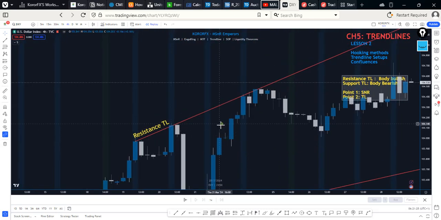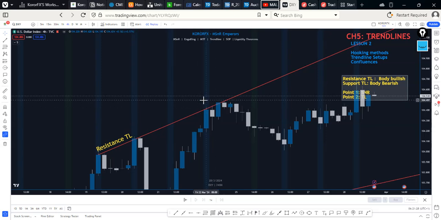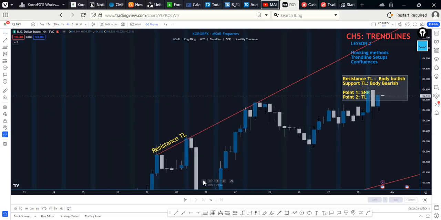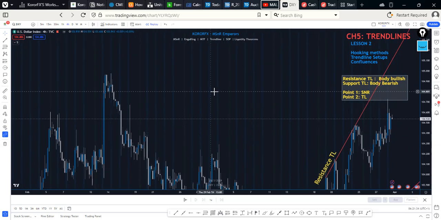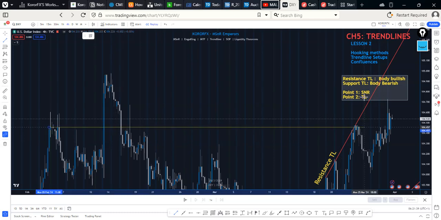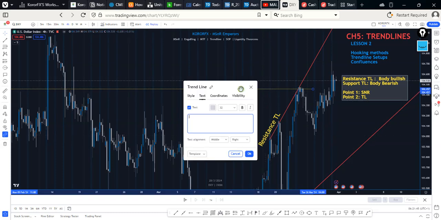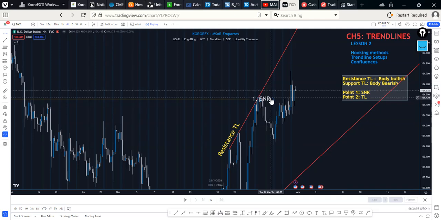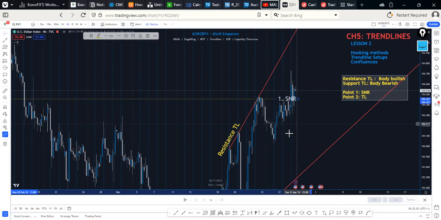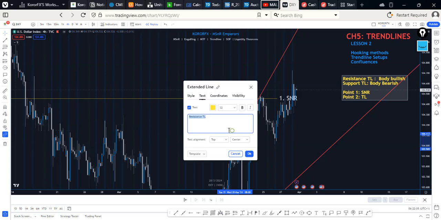For the second option, here price is really touching this point. Try to find out the SnR here. You can get an SnR, which can be a left one. That's the SnR you see, and the trend line is touching it. Number 1 is the SnR. You get the SnR first, and then make option 2, which is the trend line.